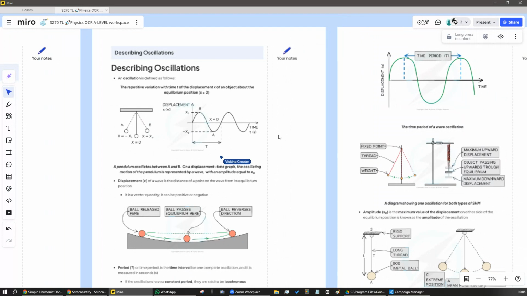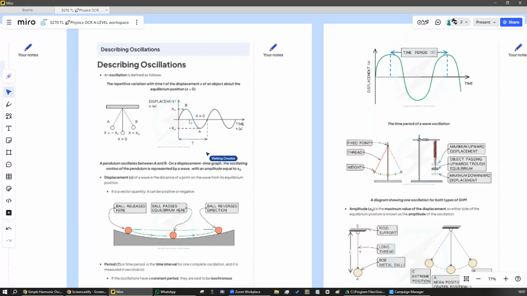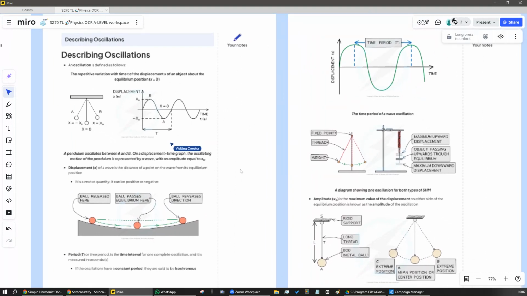Displacement, as in position, with the midway point being 0, the velocity against time, and the acceleration against time all produce a graph that looks similar to this, or not identical, so it could look more like a cos graph. Anyway, it'll look like a sort of wavy graph like that all the time.